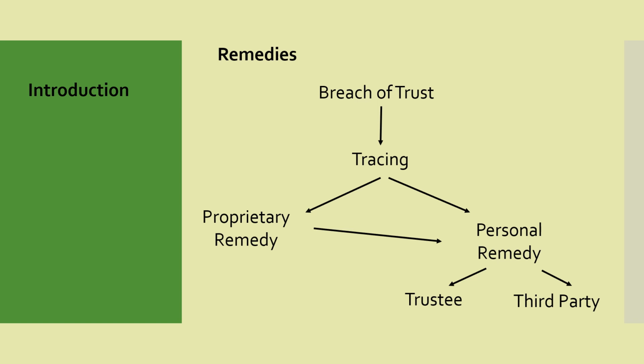This would be a personal remedy against the trustee or against a third party. Now there's a little arrow between proprietary remedy and personal remedy. This is often because a proprietary remedy is often more beneficial to actually get their assets back, and sometimes they might have to rely on a personal remedy if that's not the case.